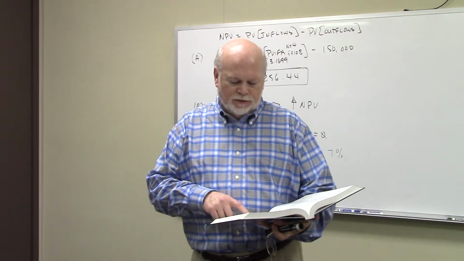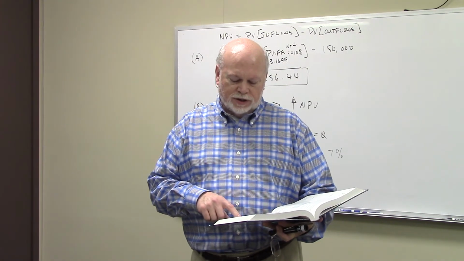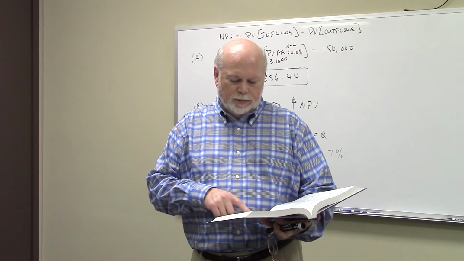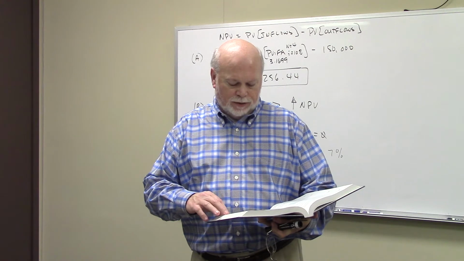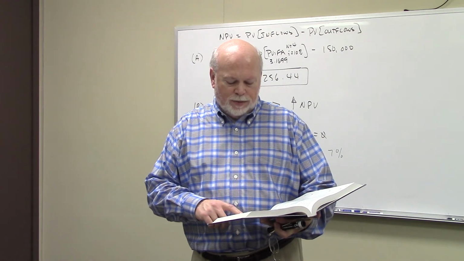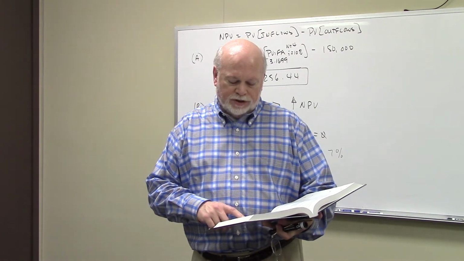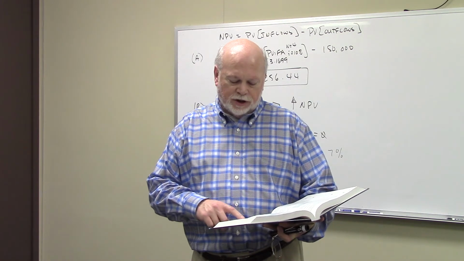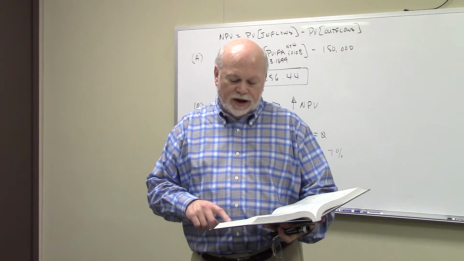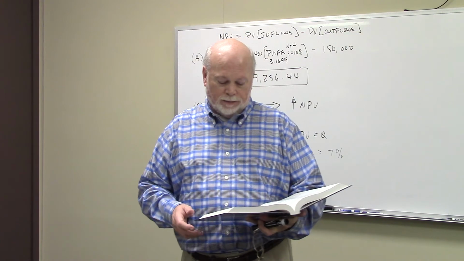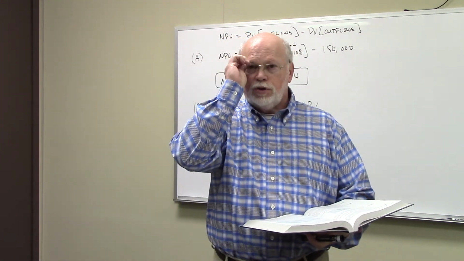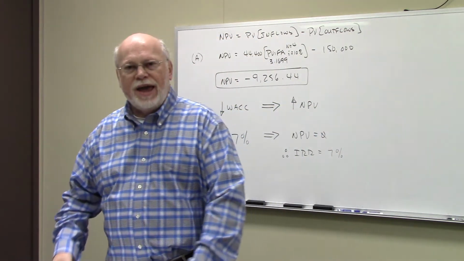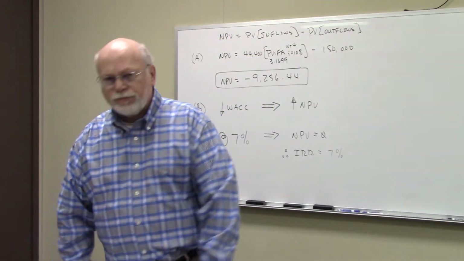And B part, if the firm's cost of capital is lower than 10%, does the investment in equipment become more or less desirable? What happens to net present value? The other part of B reads, what is the highest cost of capital that the firm can have and still find that purchasing the equipment is worthwhile? Now, that gets into the relationship between net present value and internal rate of return.